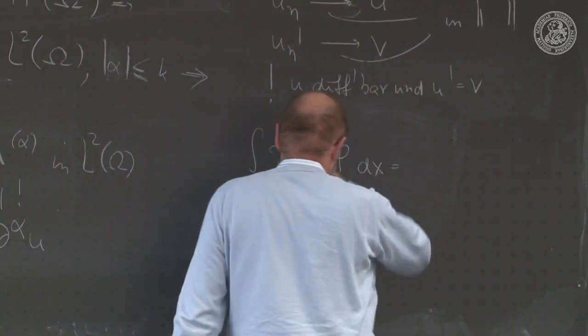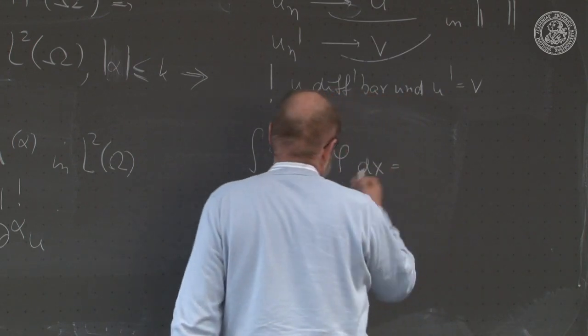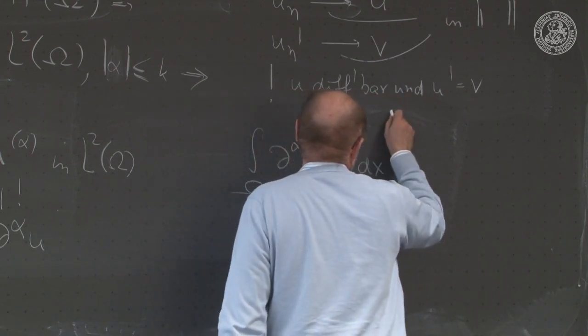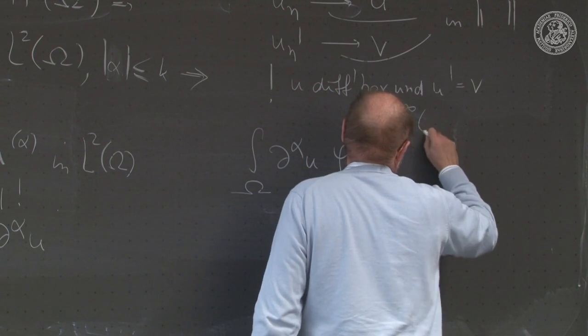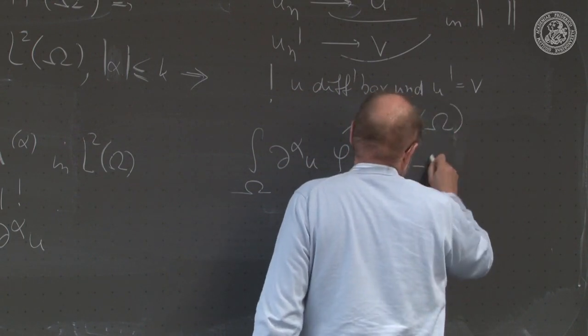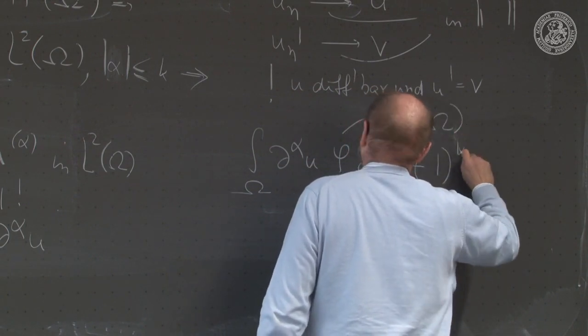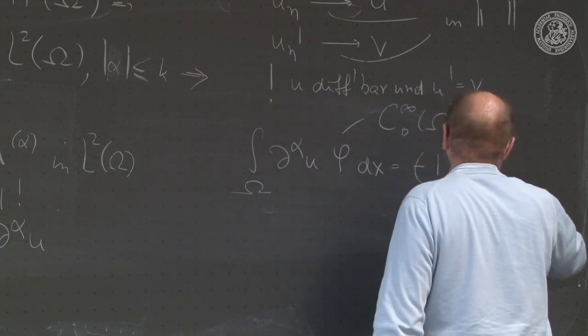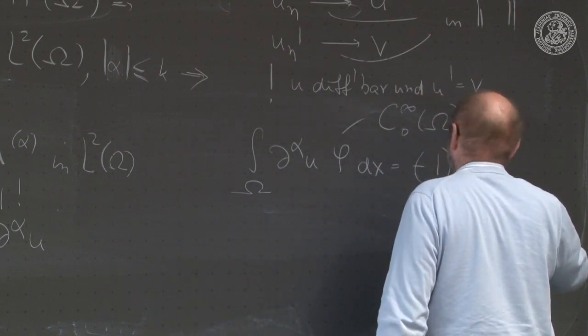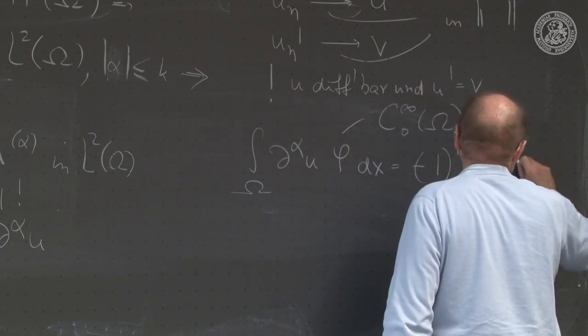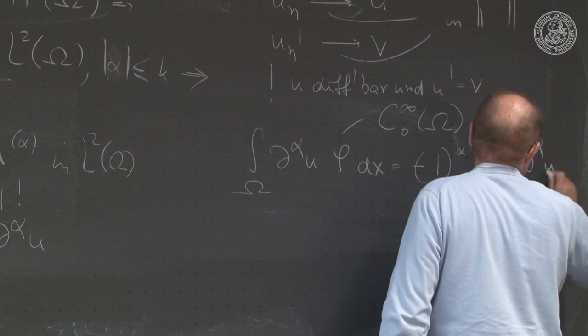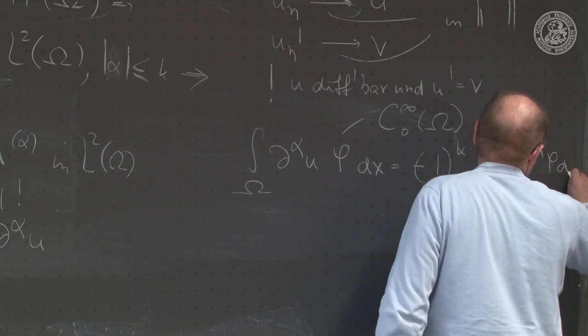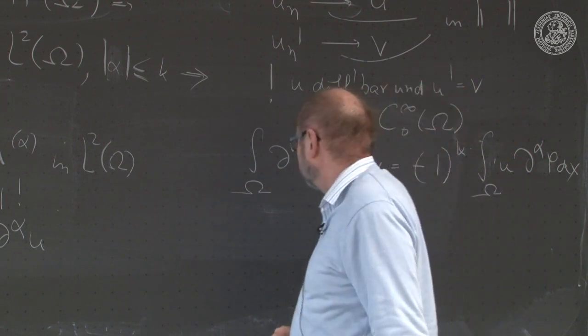It has to be the function which, tested with the test function phi from the test space, fulfills this identity where all the derivatives are moved over to the test function. So that is the notion of weak derivative.